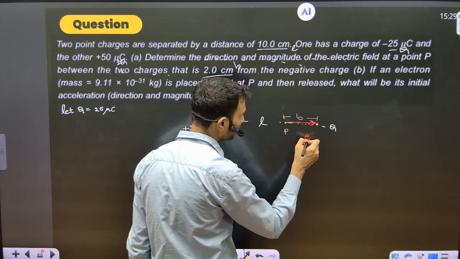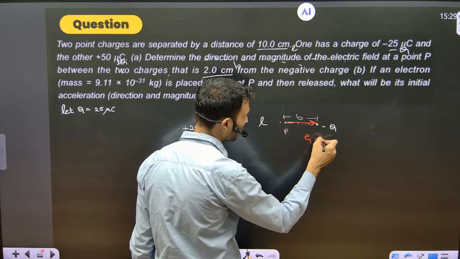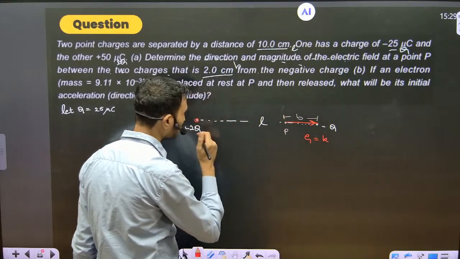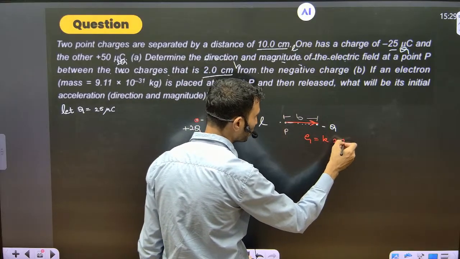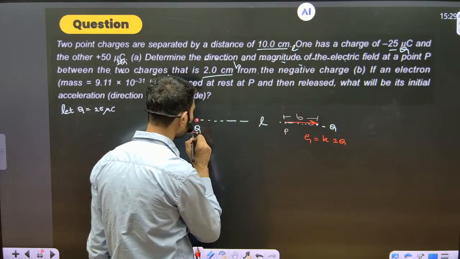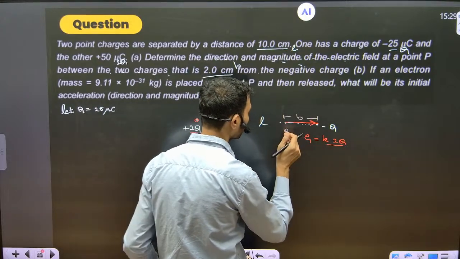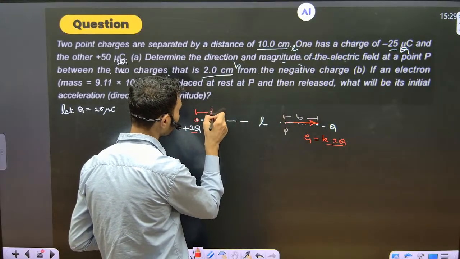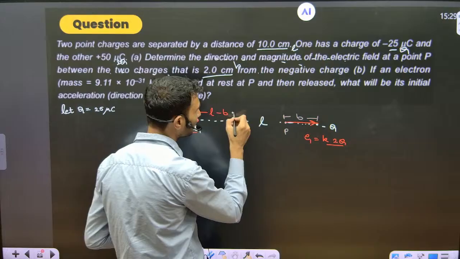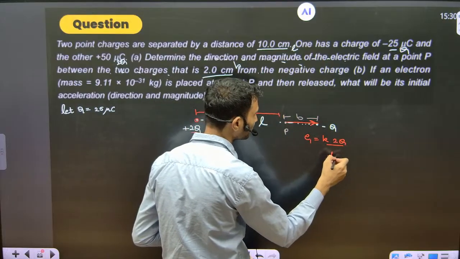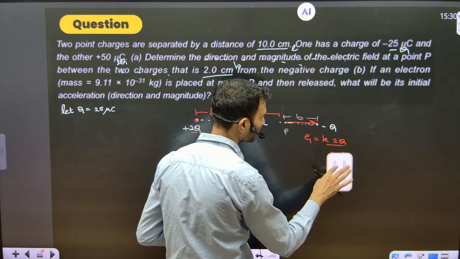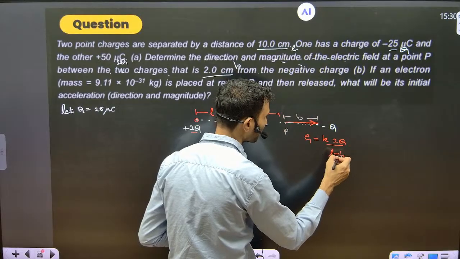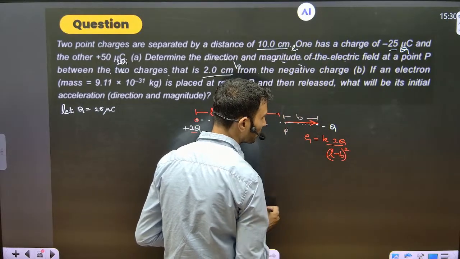Call it E1, and the formula is K into 2Q divided by distance square. How much is the distance? L minus B, a whole square.